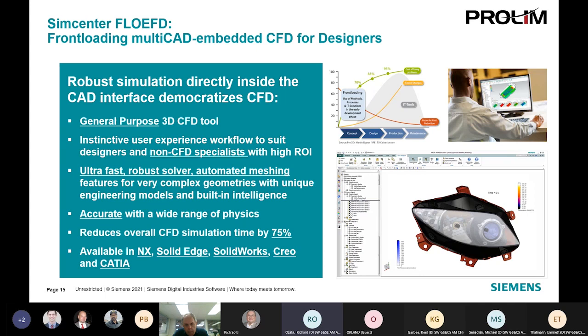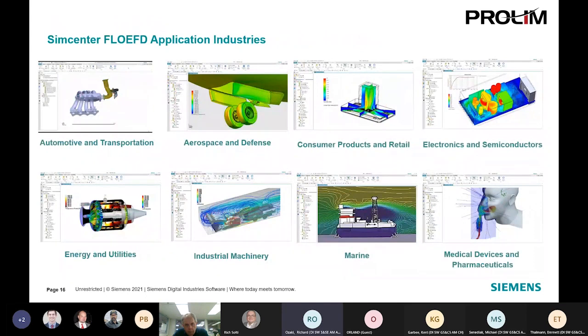Okay, so what kind of designs can we tackle with Flow EFD? Here are the industries that we go to market with here at Siemens. Automotive and transportation: anytime you're using some sort of fluid, and remember a fluid can be a liquid or a gas. Here we have an intake manifold, external aerodynamics and aerospace and defense applications, and consumer products, something as simple as an extractor hood.